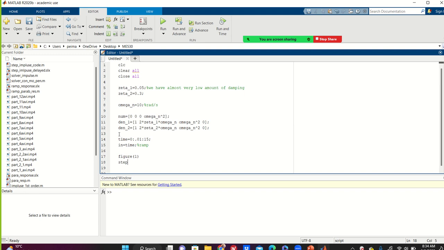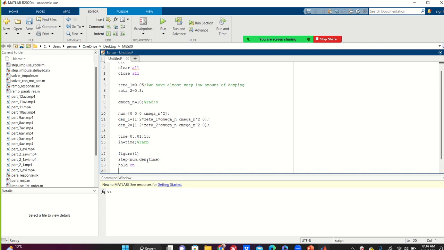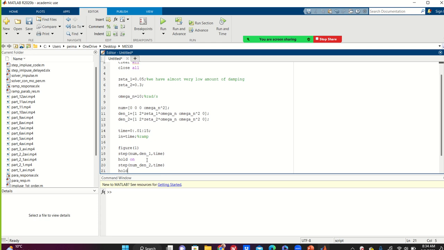I'm going to say step, num, den 1, and time, hold on, with the low amount of damping, and step, num, den 2, and time, and hold on.